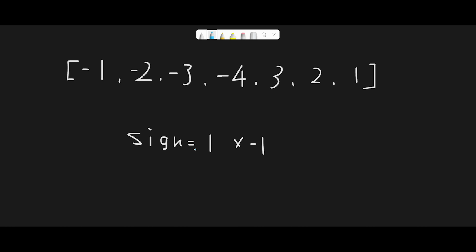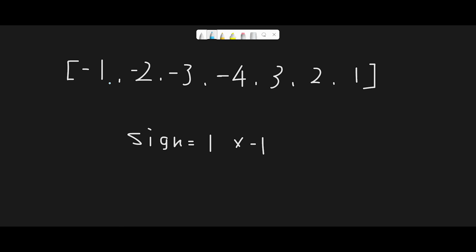If we multiply a positive number, it doesn't affect the plus or minus. So when we find a negative number, we multiply minus 1 and reverse it, from positive to negative or negative to positive.